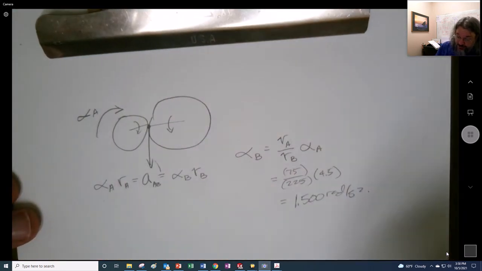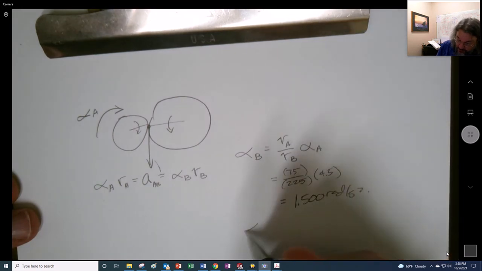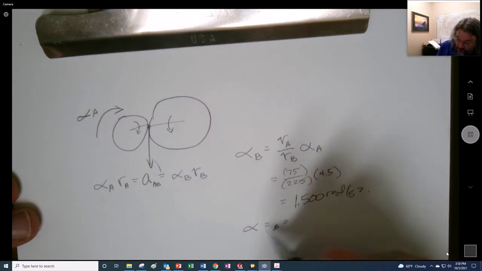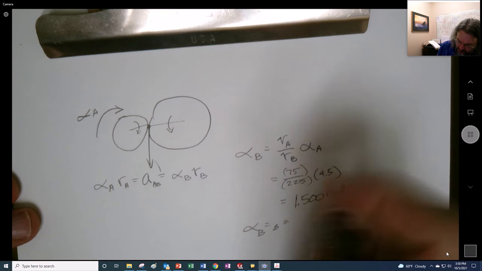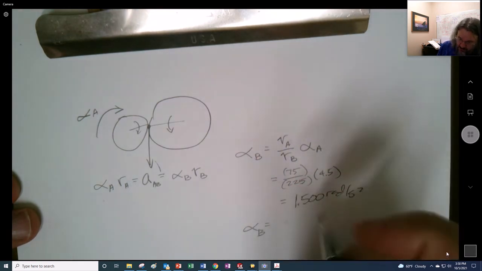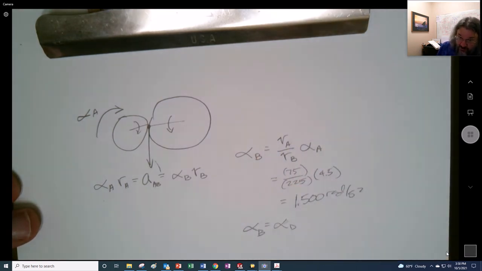And now we could look at the bucket. We could see that that is also going to be equal to the angular acceleration of D, right?